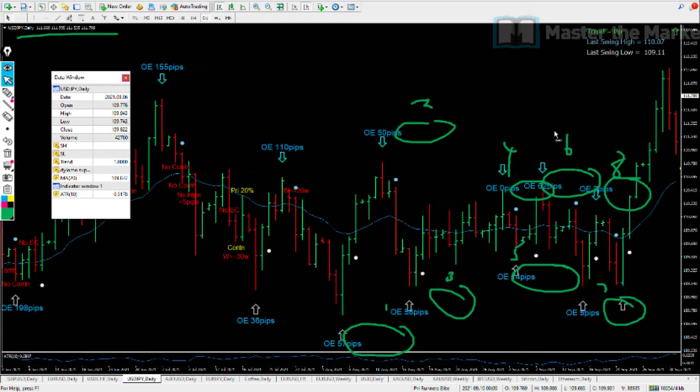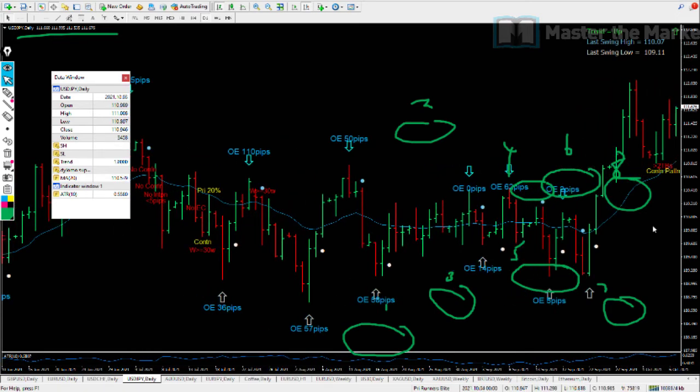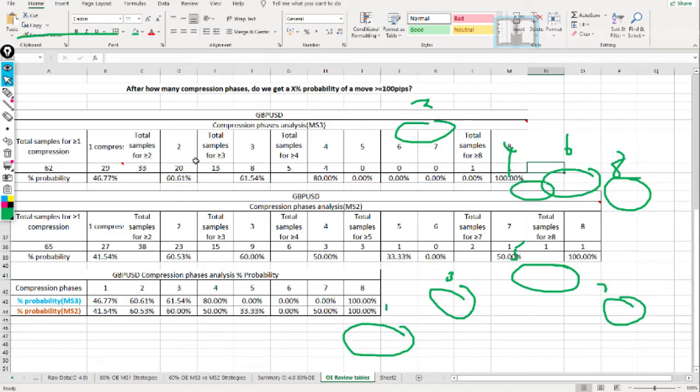After the eighth one, you can see it started to burst out to more than 100 pips, and it's still over there, not turned yet. Look at that, it nicely correlates with our table.